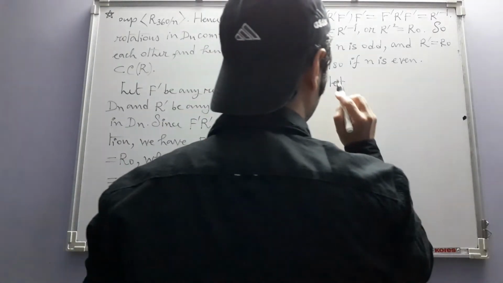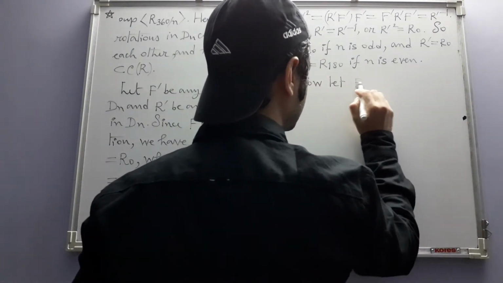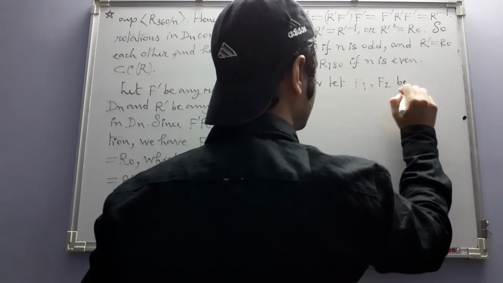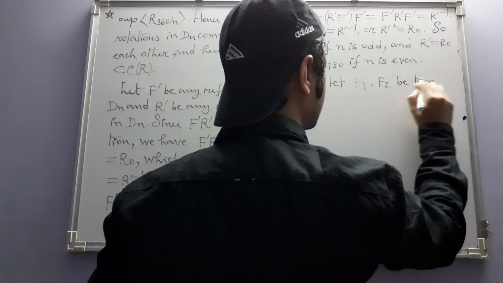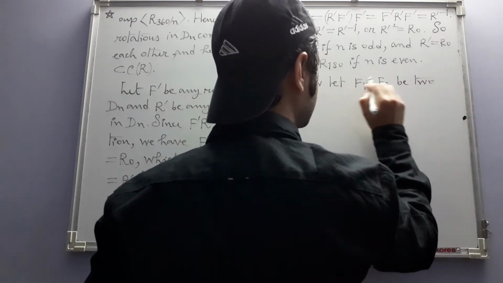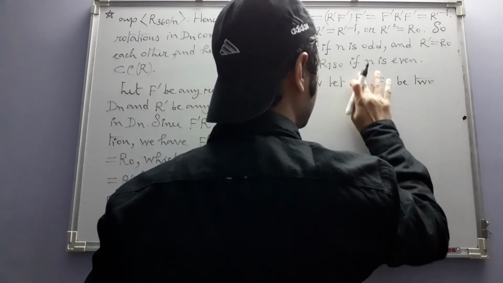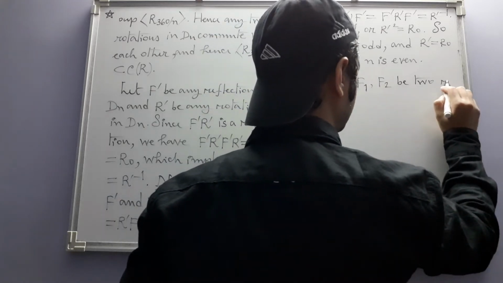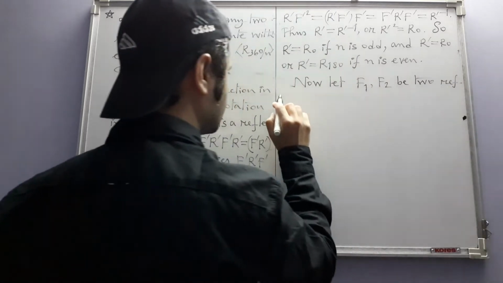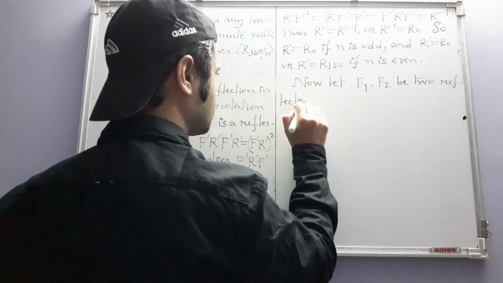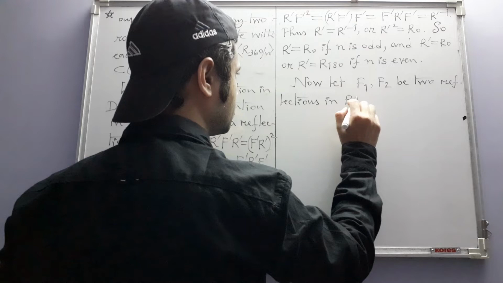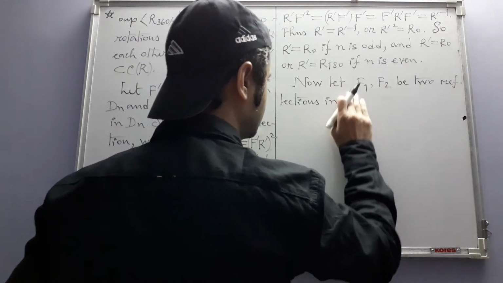Okay, so let F1 and F2 be two reflections in Dn.